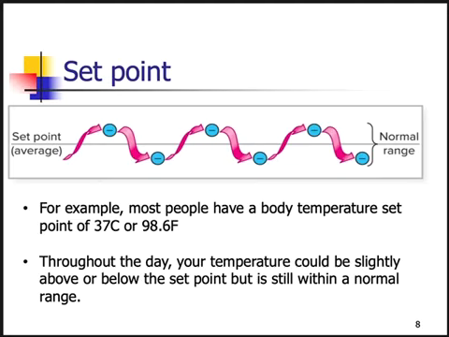Okay, same question, opposite. What if your temperature drops below the normal range? What does your body do? So your body senses that it's too cold. So you're going to vasoconstrict. You're going to pull that blood away from the surface of your skin, keep it as internal as possible, keep it warm. Your muscles are going to start to shiver.